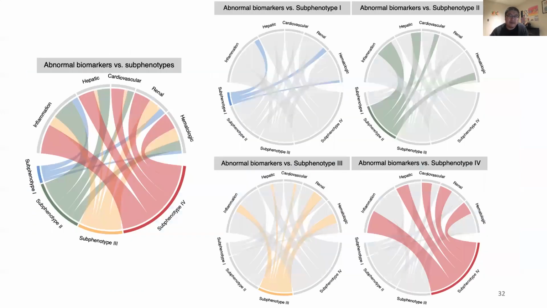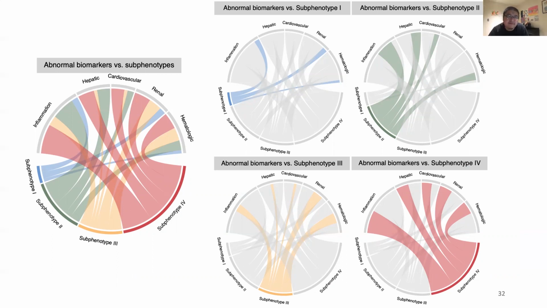After the clustering, we detected four different subgroups, and we have done some statistical analysis to characterize the four subphenotypes.